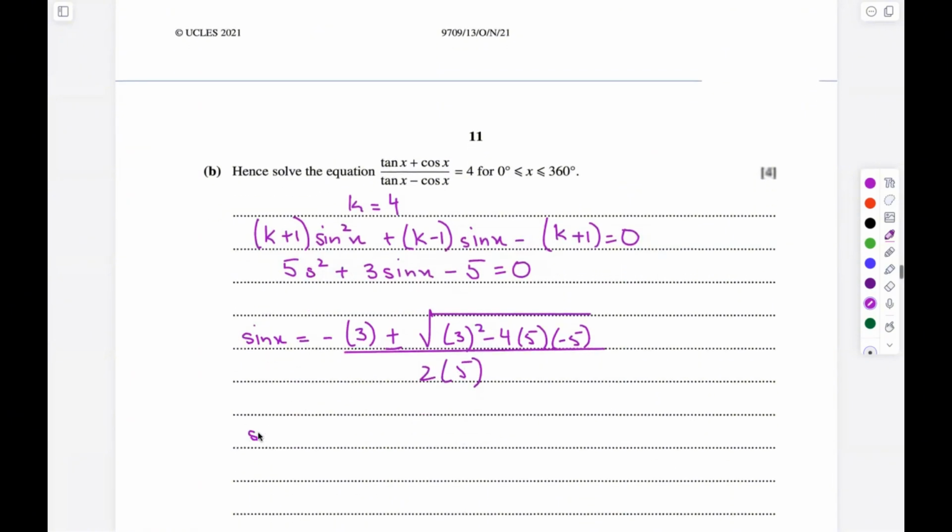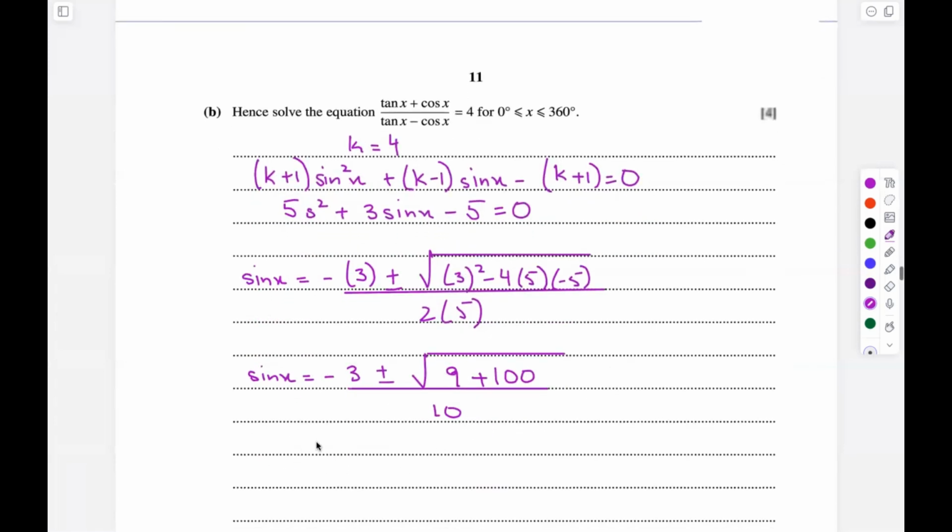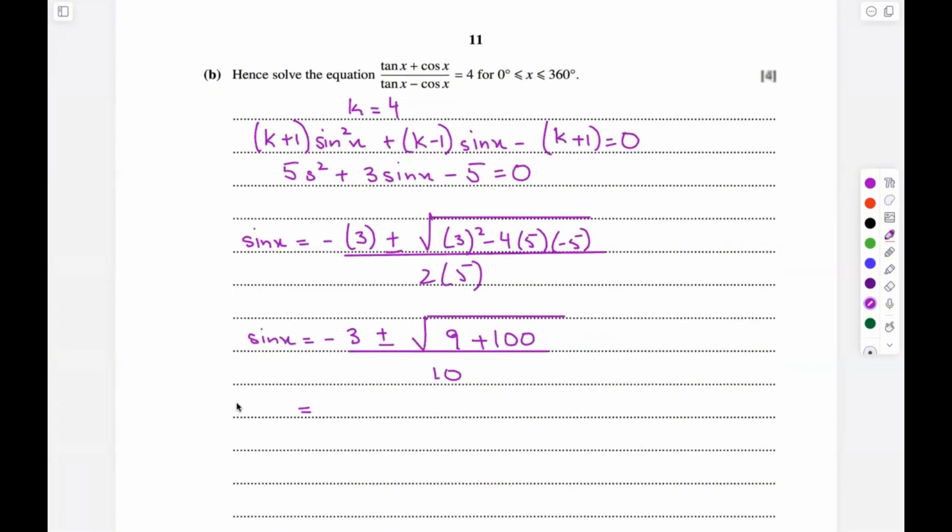Simplifying this, we'll get sin x = −3 ± √(9 + 100), since 3² is 9 and 25 times 4 is 100, and that will become a plus sign, all upon 10. Now taking the square root of 109, which is equal to 10.44, this will become −3 ± 10.440 divided by 10.